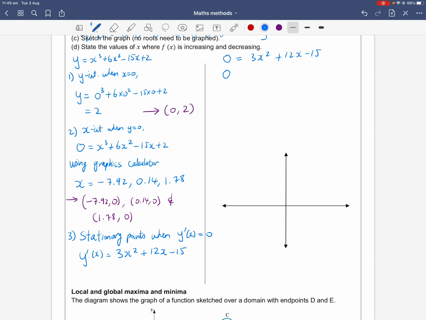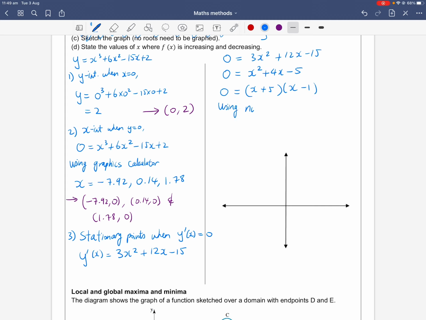So 0 equals 3x squared plus 12x minus 15. We can divide both sides by 3. So we get x squared plus 4x minus 5. 15 divided by 3 is 5, yes. And then what we can do is factorize this quadratic. So, two numbers that add to be 4 and multiply to be negative 5. So we have positive 5 and negative 1.